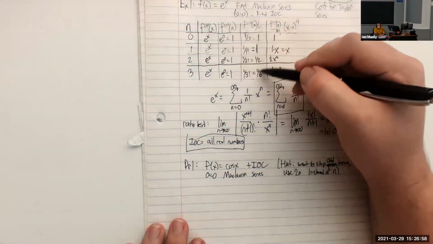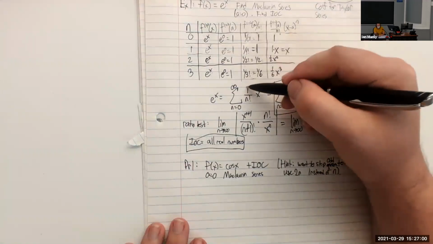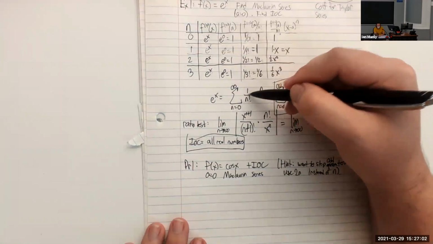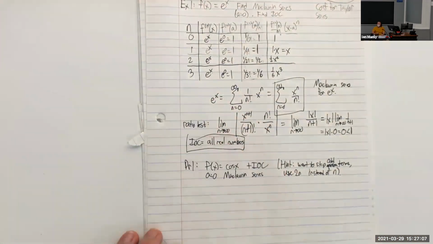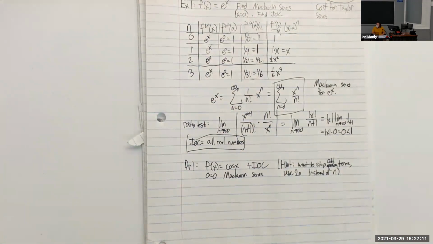Try to see what the pattern is with these numbers and then write down a formula for that pattern. And pay attention to the hint. Again, I would go to maybe n equals 4 with this one to see what's going on with the pattern. But we'll talk about it in a second.